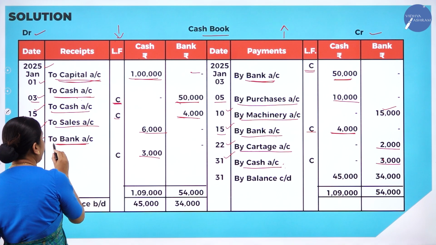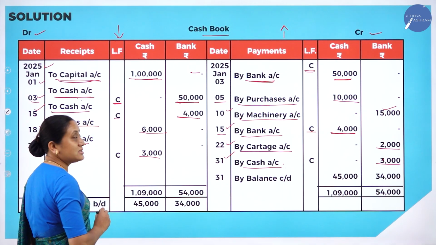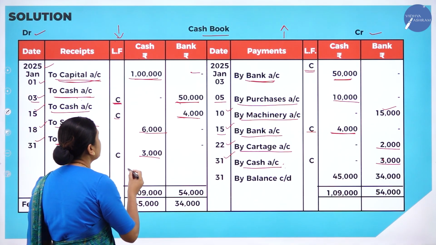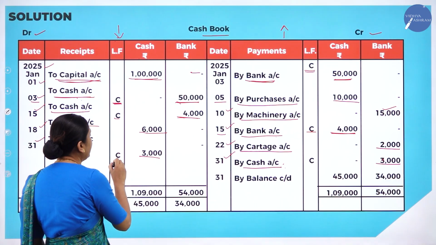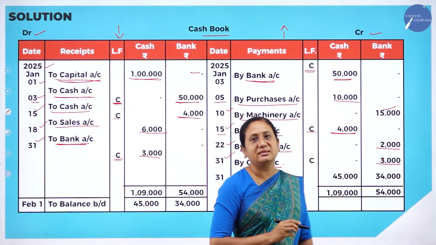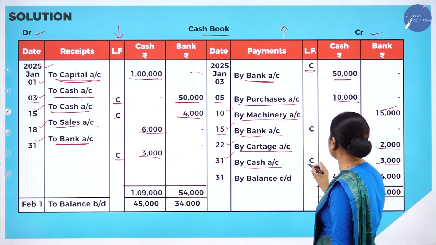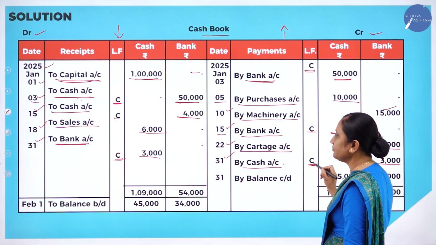From bank. That is why to bank account 3000 in the cash column, because cash is coming into the business. Since it is a contra entry, we will denote it by the letter C in the LF column. Here also we have mentioned C.